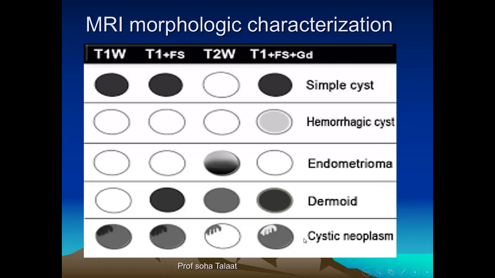But in the presence of a cystic lesion with solid component, we will find an enhancing solid component inside. Again, when we search for an enhancing solid component, please do subtraction. You must do subtraction films.